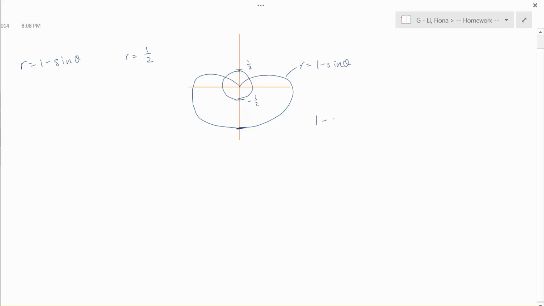So 1 minus sine theta equals 0 because it's intersecting at the y-axis, and we'll get theta equals pi over 2 or 3 pi over 2. So in this case, this is negative pi halves.